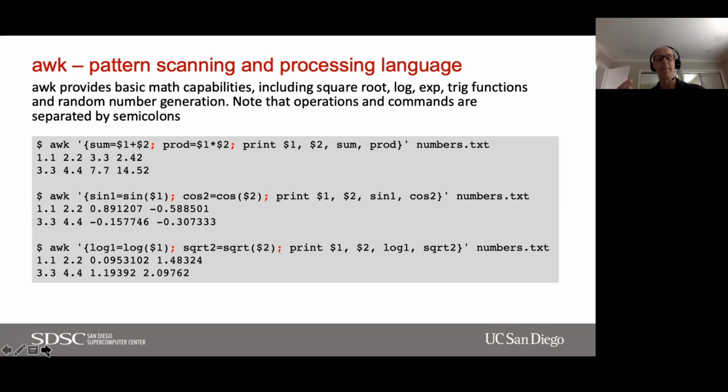I can then assign the result of sine of $1 to a variable called sine1, cosine of $2 I'm going to assign to cos2, and then I'll print out $1, $2, the result of the variable sine1, the result of the variable cos2. And here we see the same results except with sines and cosines instead of numbers. And then just one more line showing how you can calculate logarithms and square roots.